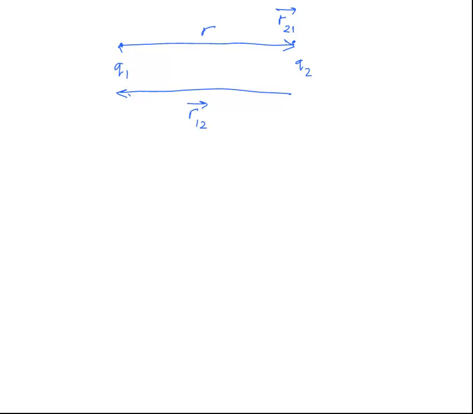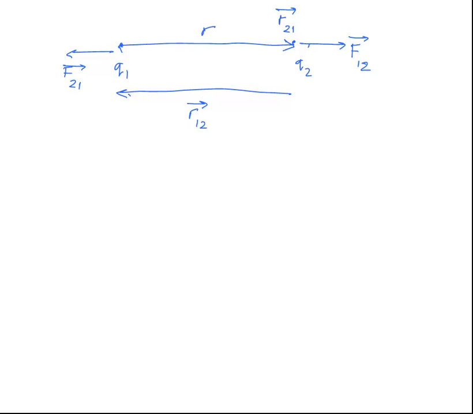Suppose that these charges were of the same sign, that is they were like charges. In that case they would repel each other, that is the force on Q2 would be this way and the force on Q1 would be this way. This force, that is the force exerted by 1 on 2, is denoted by F12. Whereas this F, the force exerted by 2 on 1, is denoted by F21.